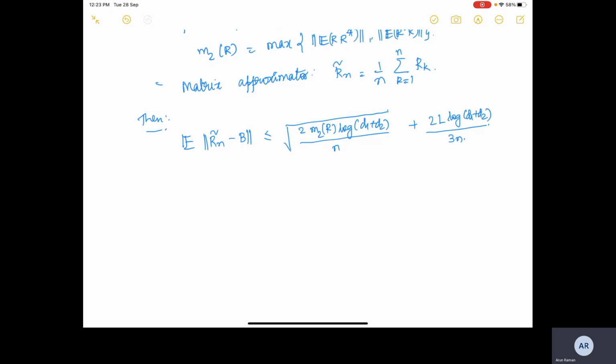And then we also have the probability that the spectral norm of the error is greater than t is less than or equal to d1 plus d2 times something.